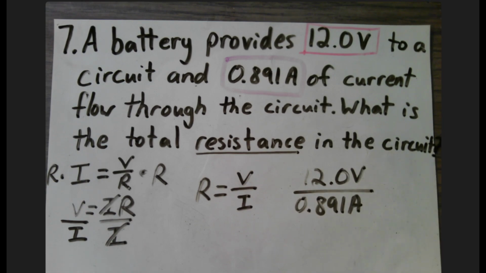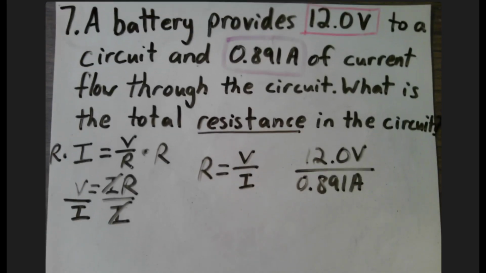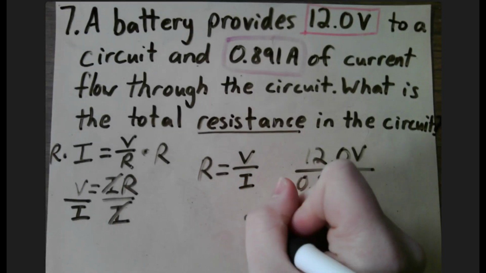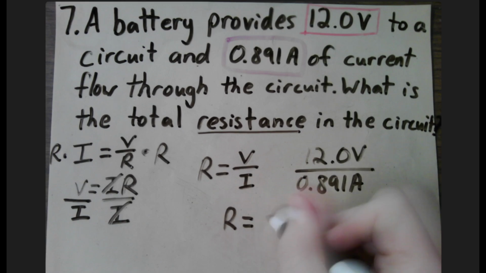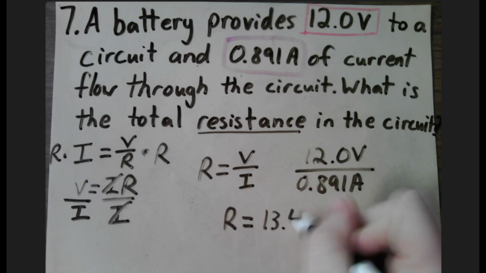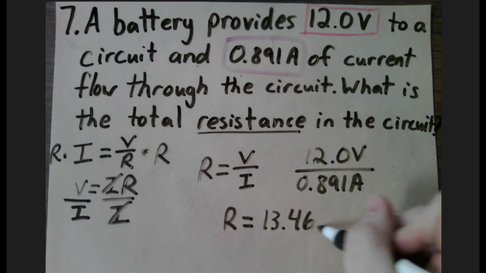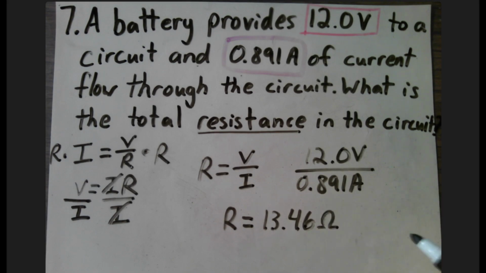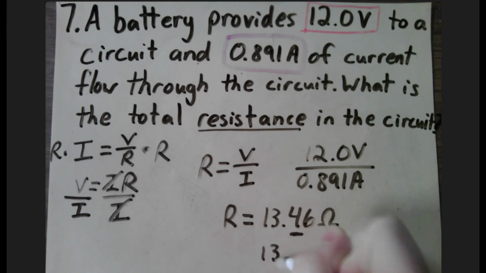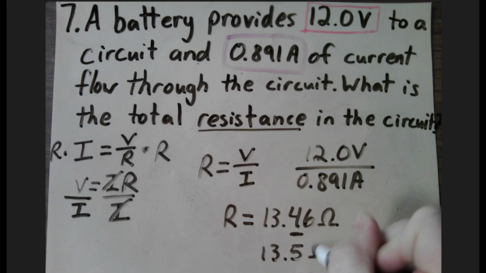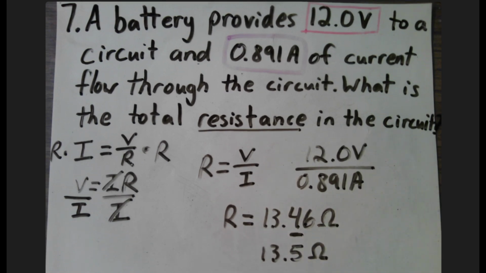Now when we calculate this out, you get R is equal to 13.46 ohms. But we're not done yet because we got to round this. So with the rounding, it'll be 13.5 ohms. And that is our answer.